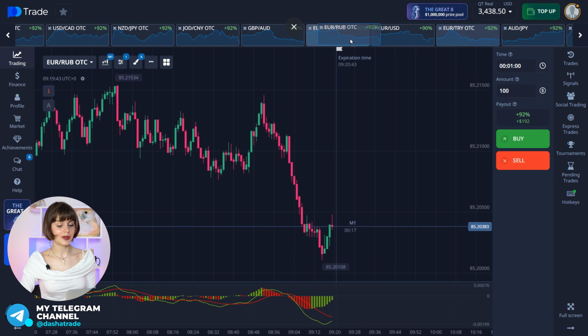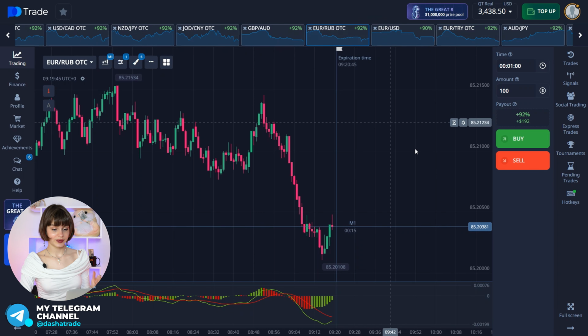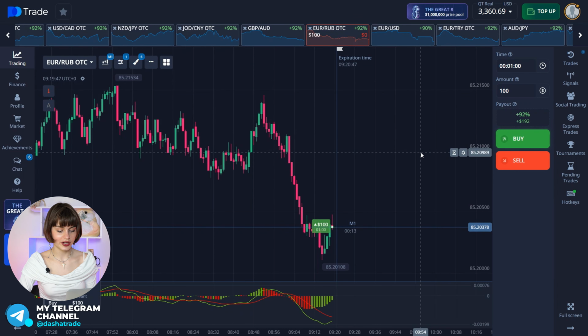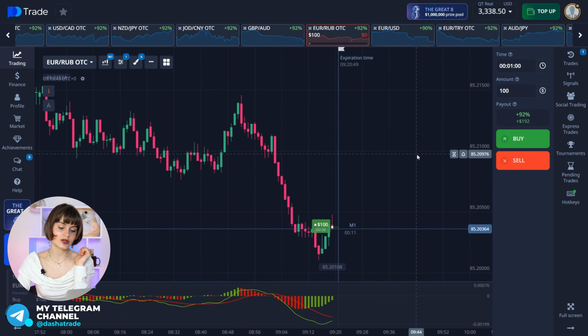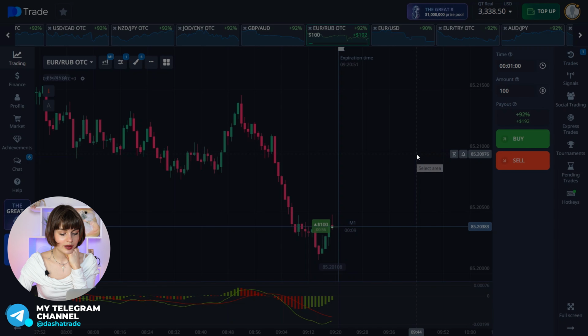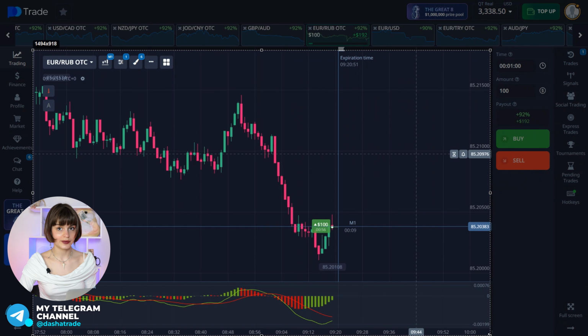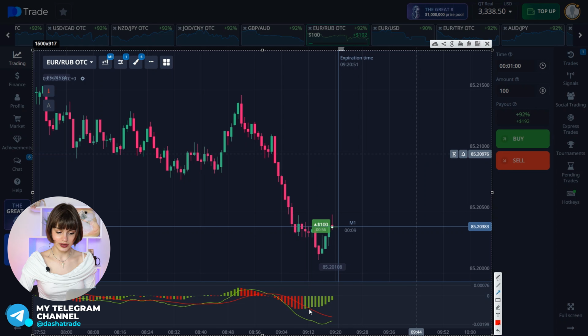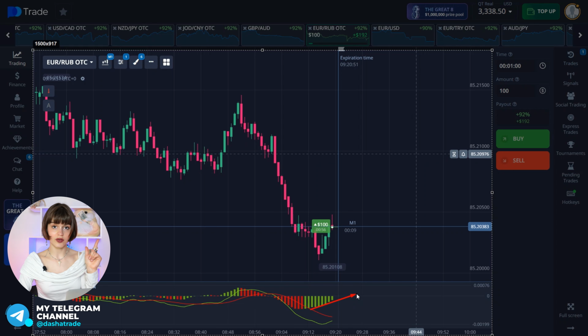So guys, I will open the first deal on this asset. Now I'm opening a position for increase, and I will explain the reason for opening this deal, because I'm opening it using the MACD indicator. Look, what you should pay attention to when opening a position is the increase in volumes.